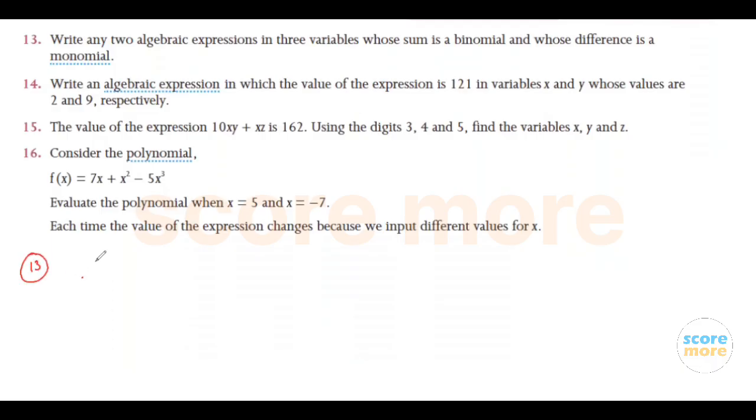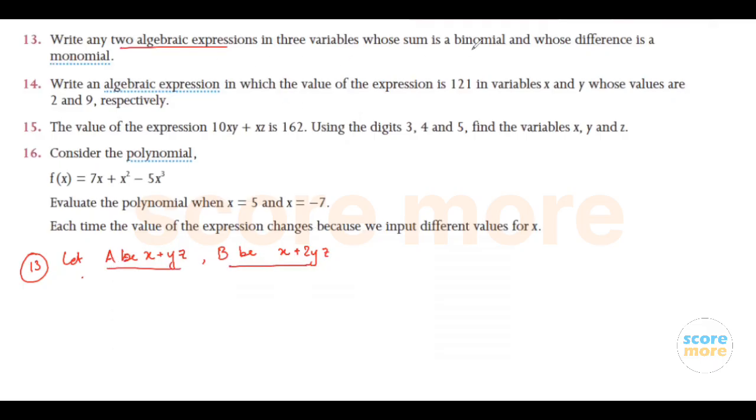So for the 13th question, let us suppose that we have taken A as x plus yz. Here there are three variables, isn't it? And B we have assumed as x plus 2yz. So we got the value of A, we got the value of B. We have taken two expressions.